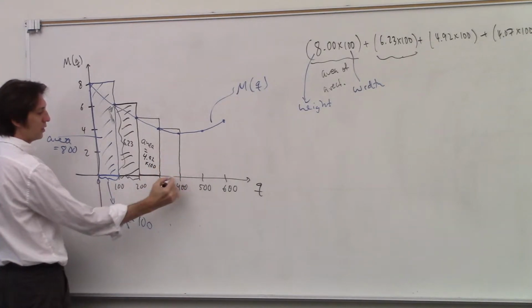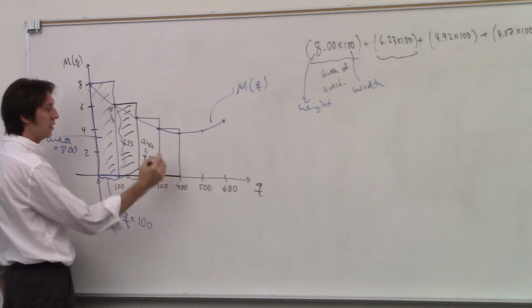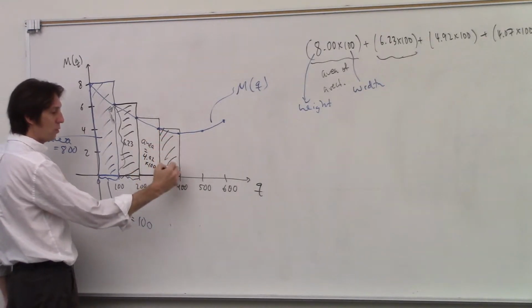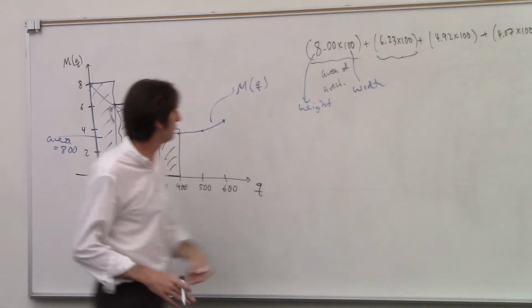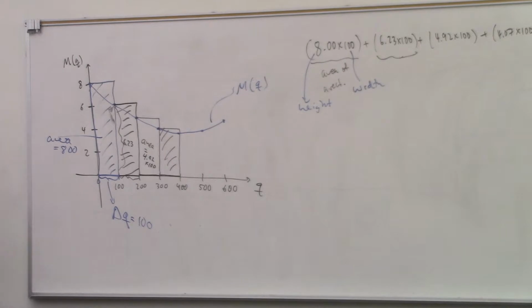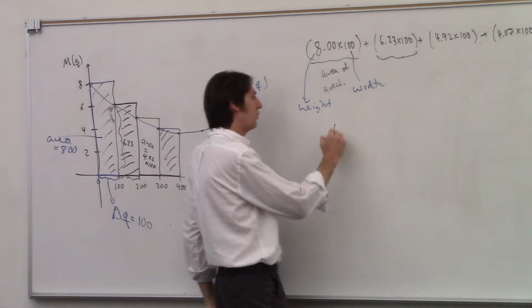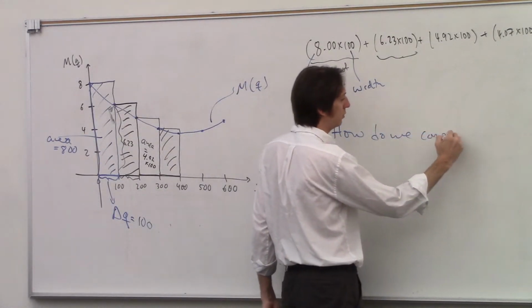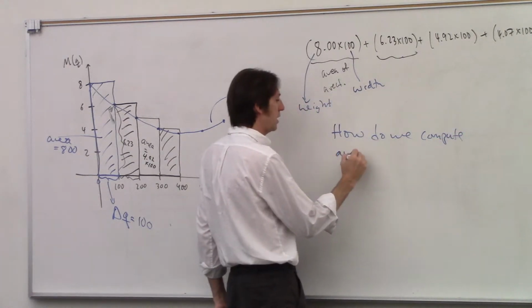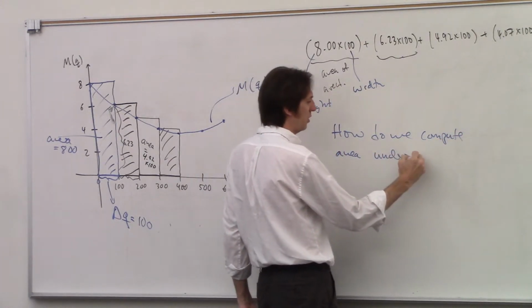The distance from 300 to 400 is 100, and so the area of this fourth rectangle is the fourth term in my summation. So what this leads us to is the question of how do we compute area under a curve?